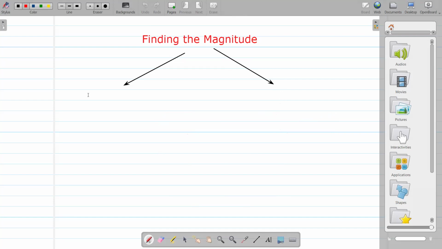Now, if we want to find the magnitude of the vectors, we can use a parallelogram method and we can use a triangle method. A parallelogram is always done with a scale diagram. In the triangle method, if the two vectors are perpendicular, or 90 degrees, then we have an option.